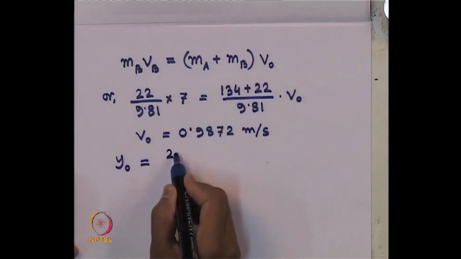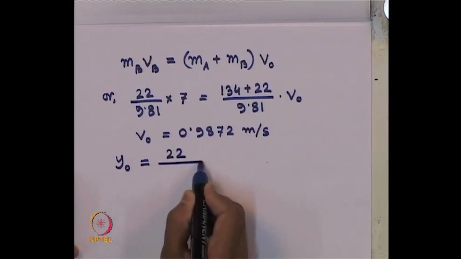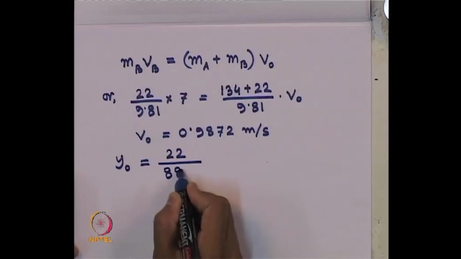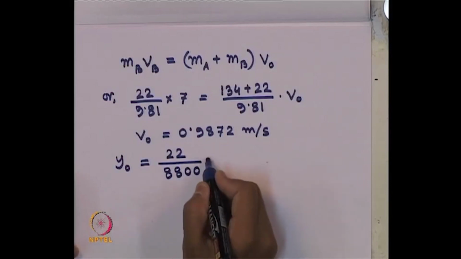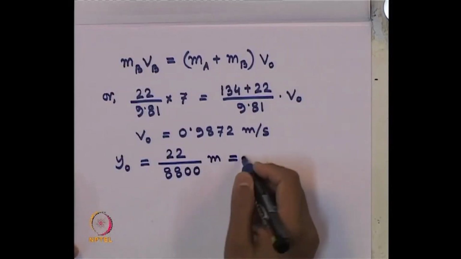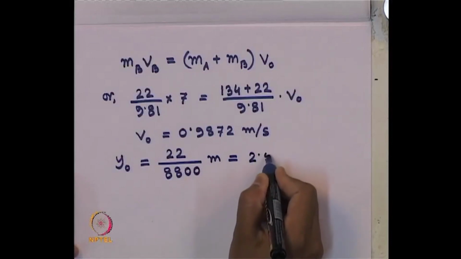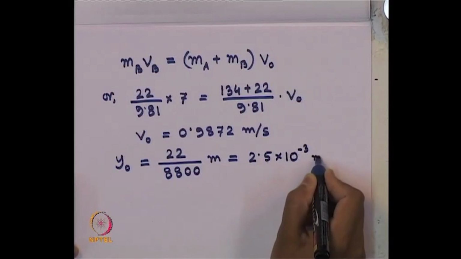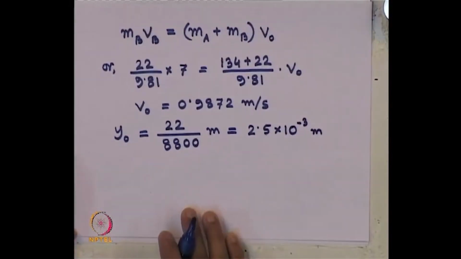So, 22 divided by, that is W by K, so much of meter, 2.5 into 10 to the power minus 3 meter is the initial deflection.